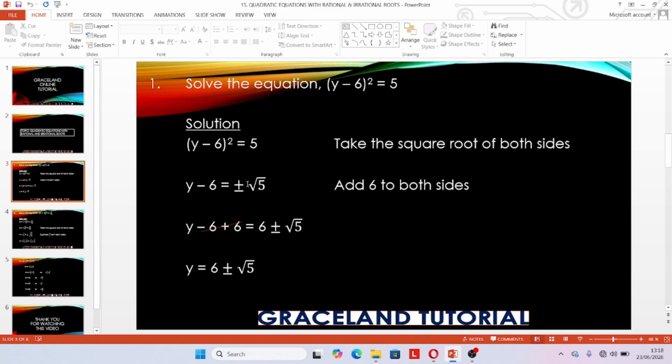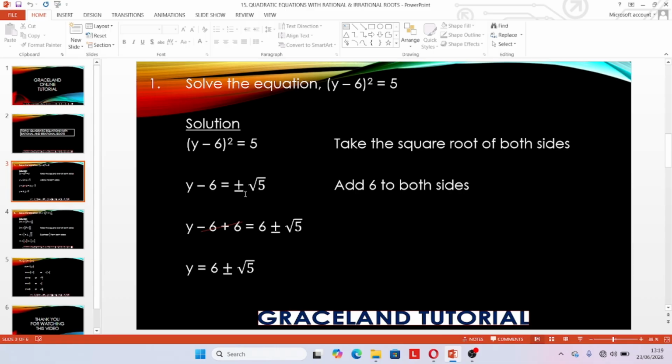Now, if you look at this, the root of 5 is an irrational number. It's quite different from root 4, where the square root of 4 is 2. But irrational numbers have non-terminating decimals.